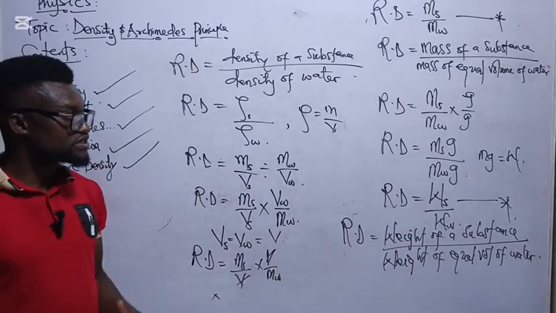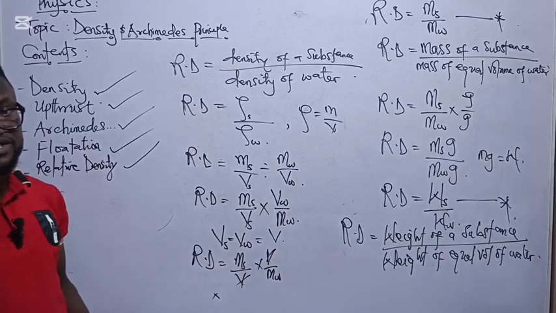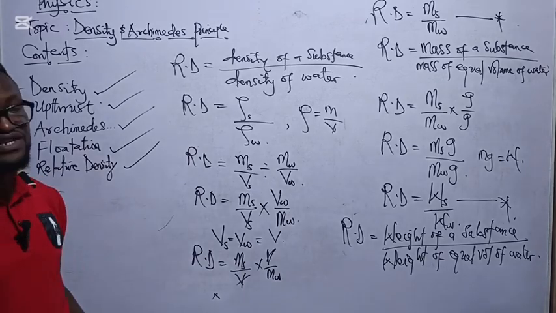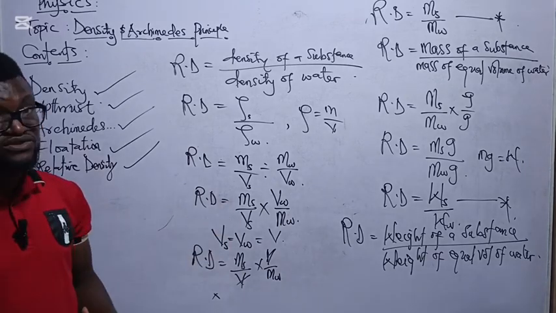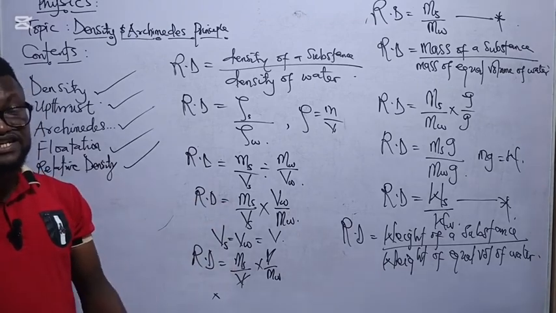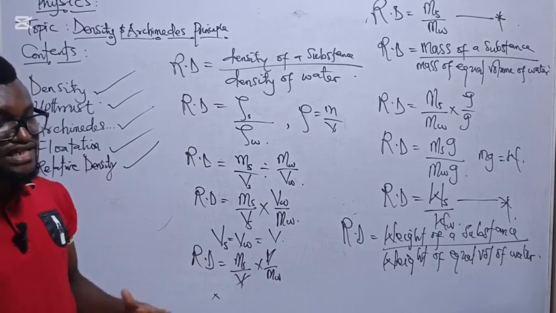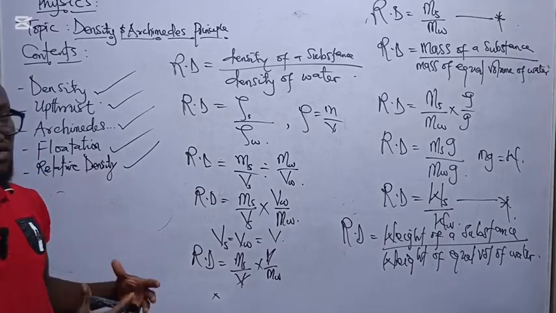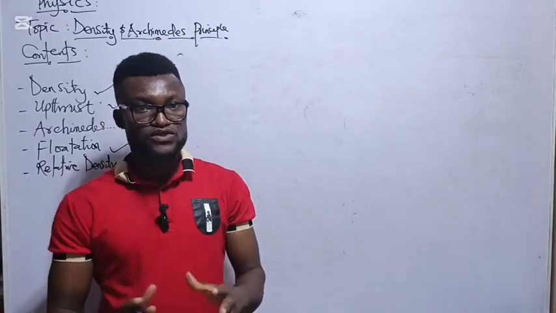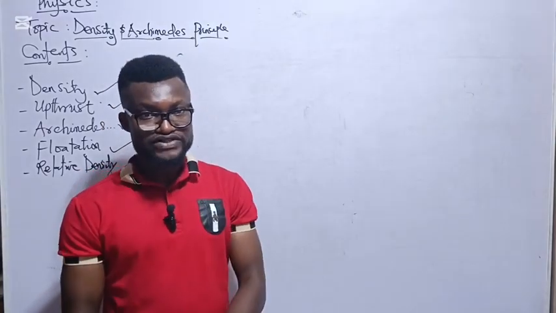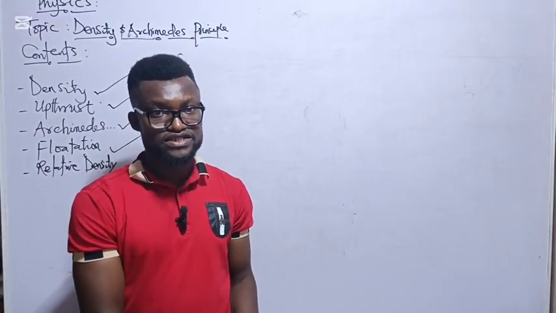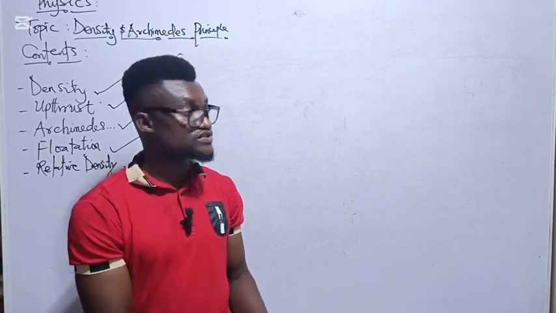Now let's also look into the relative density of liquid, how to get the relative density of liquid, because these ones are majorly used when you are asked to find the relative density of solid. So let's get the formula for relative density of liquids. Okay, so we've derived 3 formulas for the relative density of a solid.